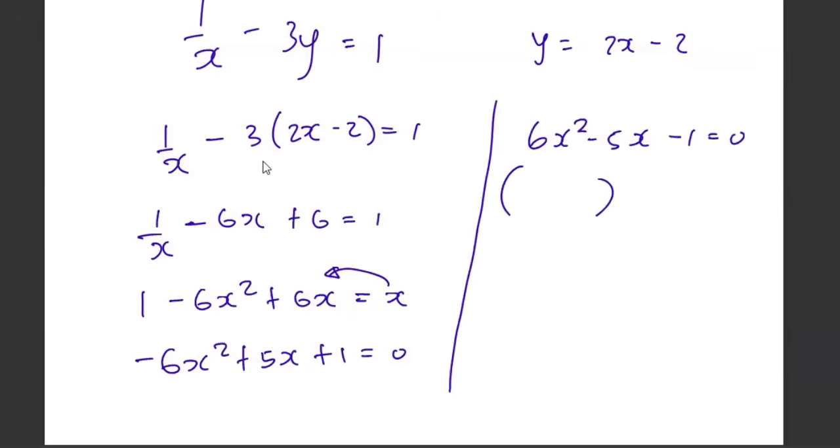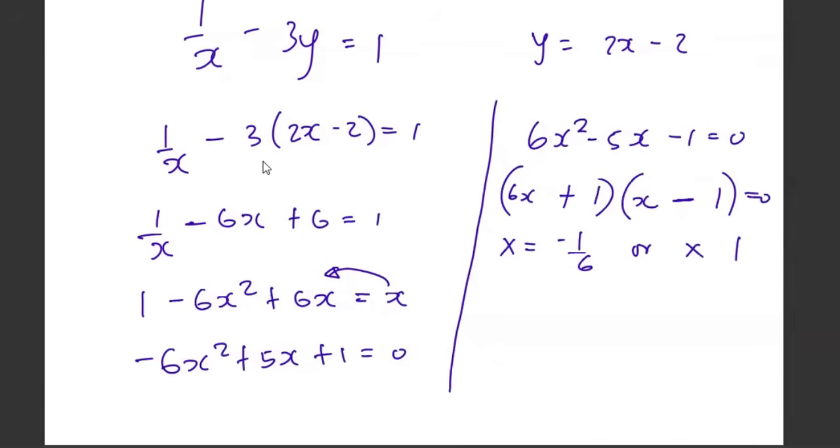Open the brackets. How do we get the 6? How do we get the 5? So if I use 6x and x, and then 1 and 1, if I put the negative and the plus, I think that would make sense, meaning that x is going to be negative 1 over 6, or x is 1.